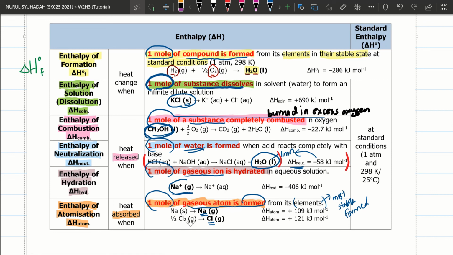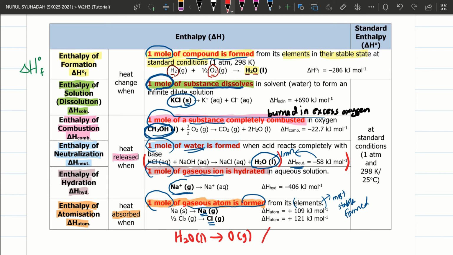Please make sure that when we talk about element, it is just one element only. Let's say I want to write down the atomization of oxygen. Can I take it from H2O? Is this equation correct? This is wrong, because the element for oxygen gas must be only oxygen. Here I have two different elements, hydrogen and oxygen, so this is wrong.